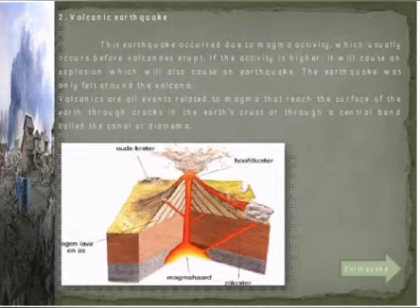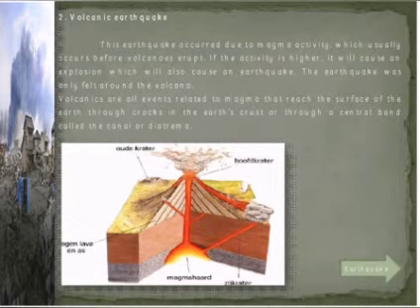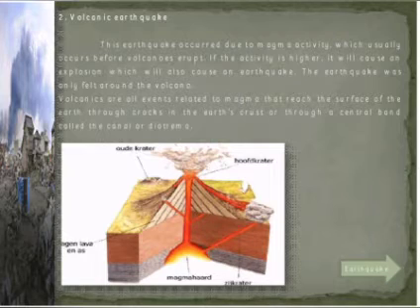Number 2, volcanic earthquake. This earthquake occurs due to magma activity, which usually occurs before a volcano erupts. If the activity is higher, it will cause an explosion, which will also cause an earthquake.